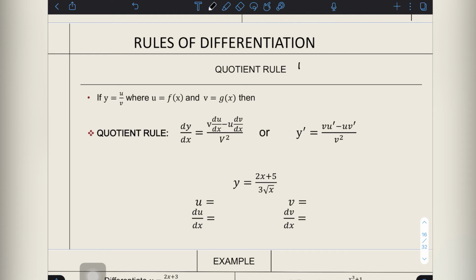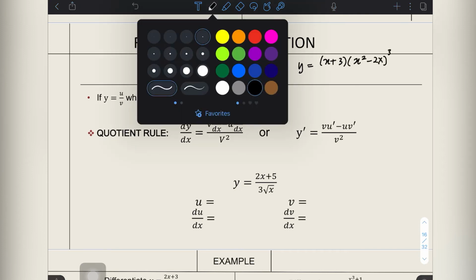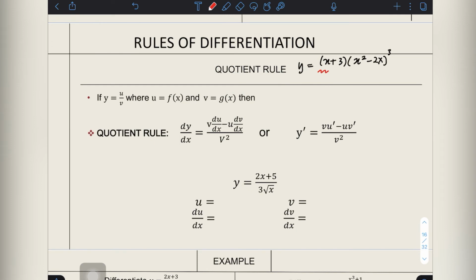For example, y equal to (x plus 3) multiplied by (x squared minus 2x) to the power of 3. Here you have two different functions, function number 1 and function number 2, and in between is the multiplication process.